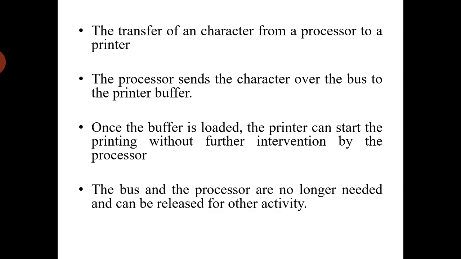And in the next lecture, we will discuss software. What types of software do we have? Mainly we have two types of software: one is system software and the second is application software.